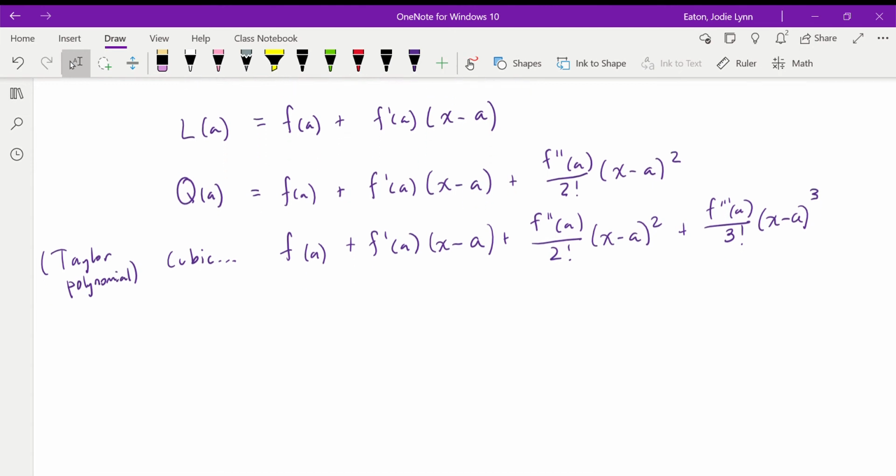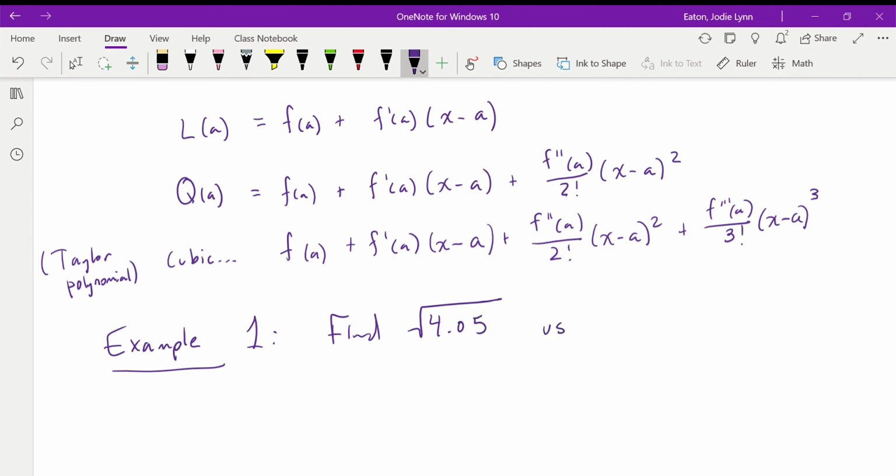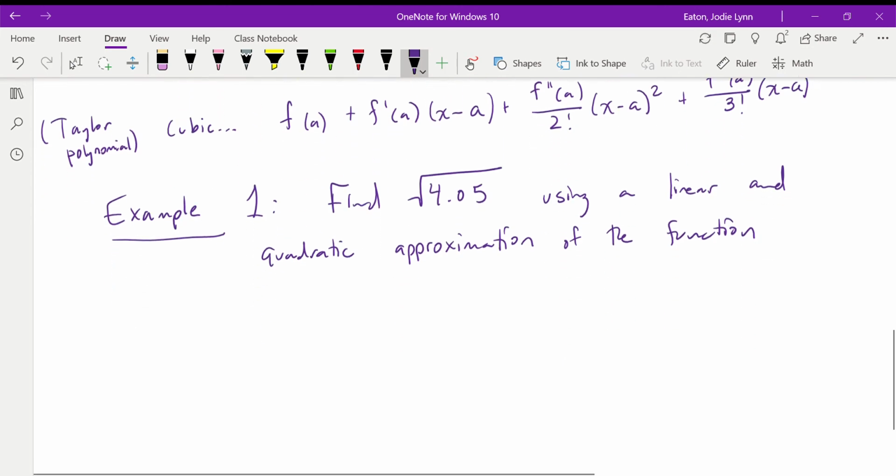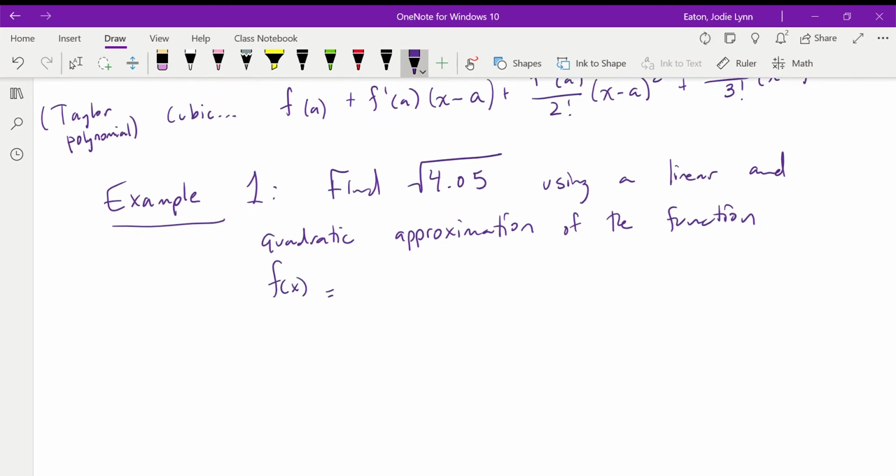So let's say, example 1, find the square root of 4.05 using a linear and quadratic approximation of the function f of x equals the square root of x plus 3 around x equals 1.